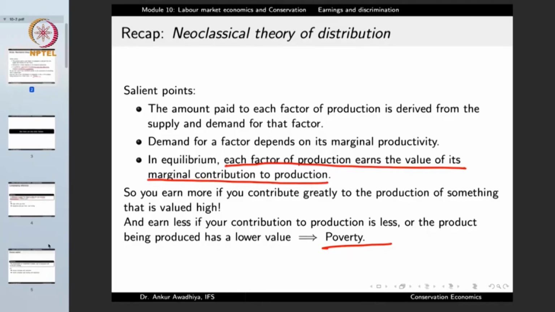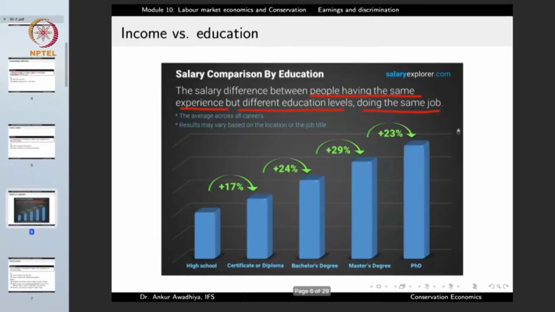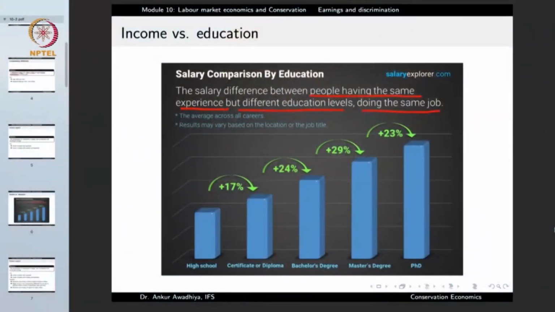Now, in this case, people are doing the same job. So, the neoclassical theory of distribution would say that these people should be paid the same amount. But in actuality, what we are observing is that people are paid different amounts.